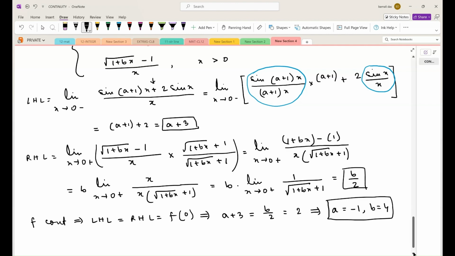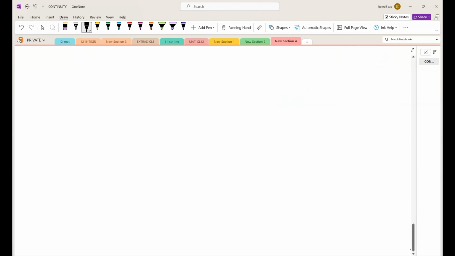Next, sum number 5. This is a short question. f(x) equal to (e^(1/x) minus 1) by (e^(1/x) plus 1) when x not equal to 0, and minus 1 when x equal to 0.